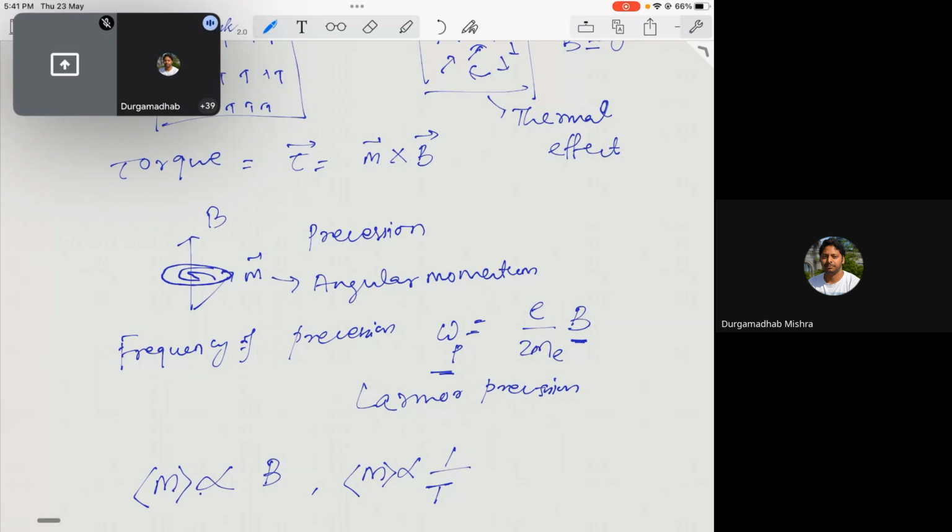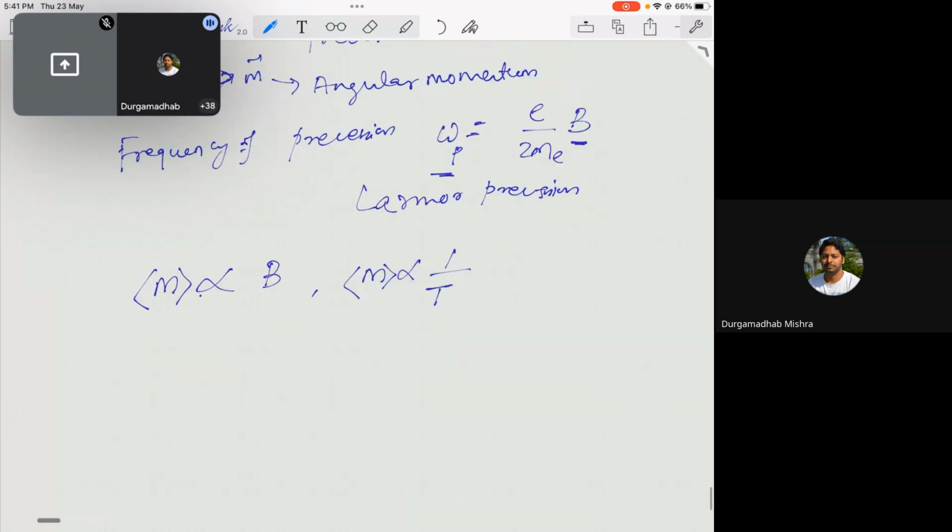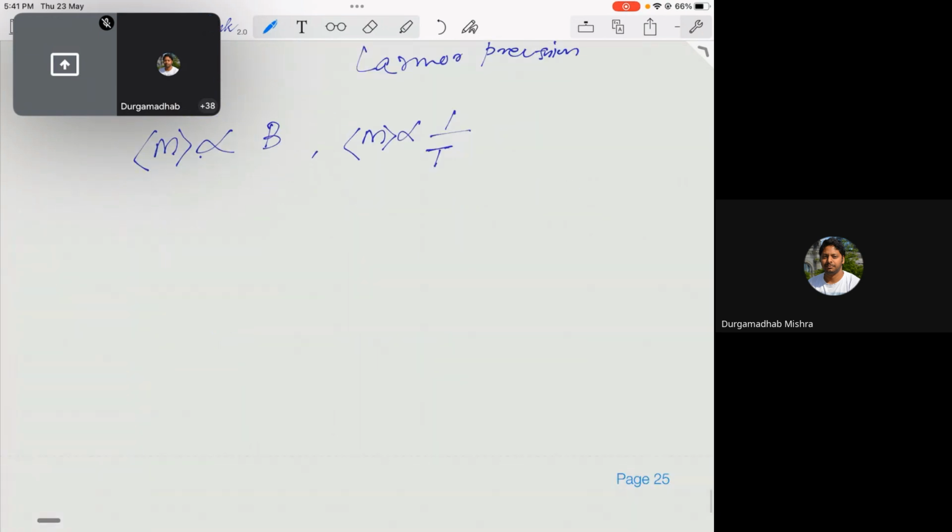Okay, and then the interesting material that we have is the ferromagnet, where we have a permanent dipole moment. Of course, you have a permanent dipole moment in a paramagnet as well.